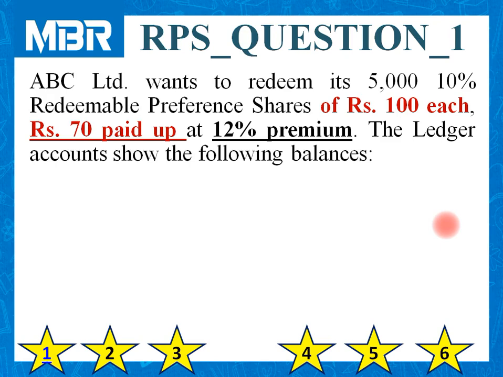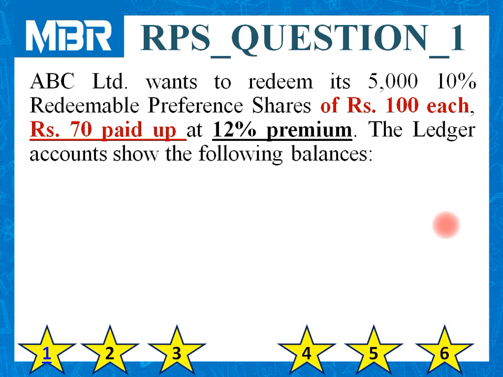In this question, we have taken a case. A company called ABC Limited wants to redeem 5,000 10% redeemable preference shares. This 10% is the rate of dividend on these RPS; right now it is of no use.